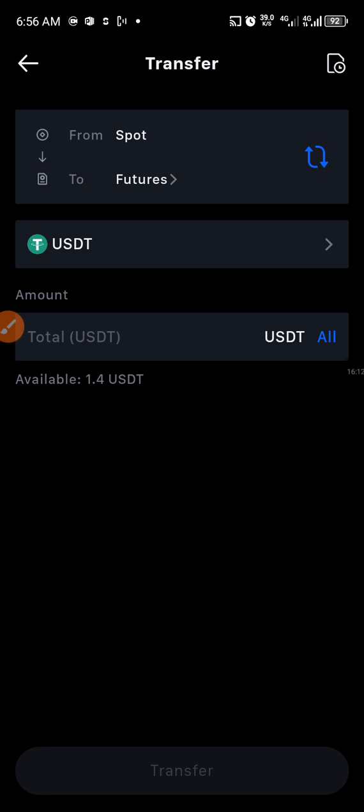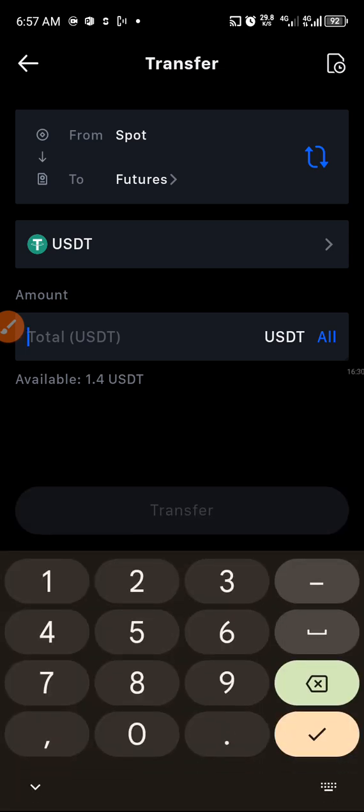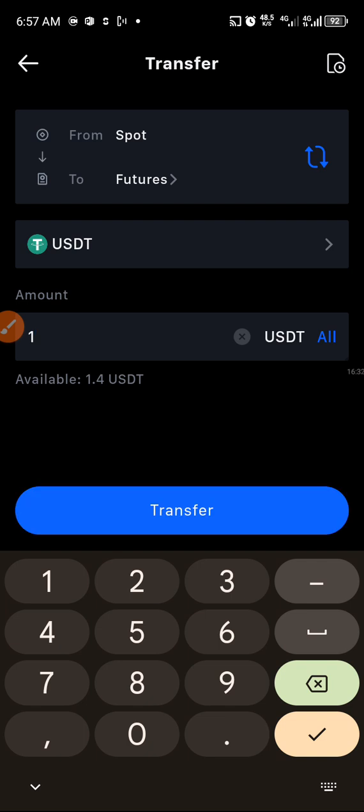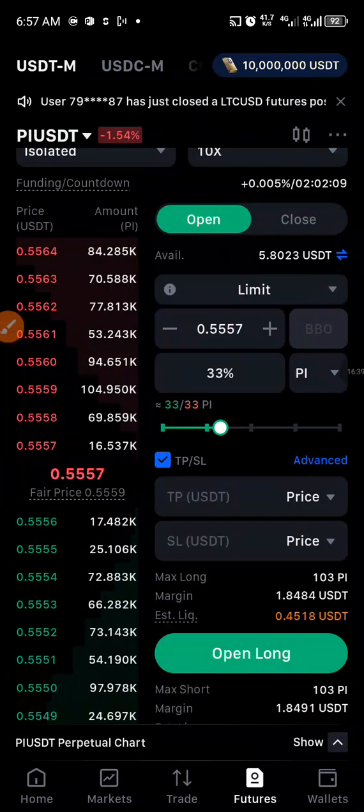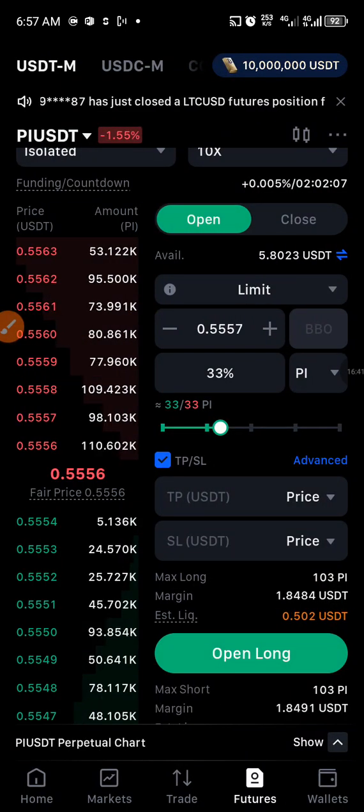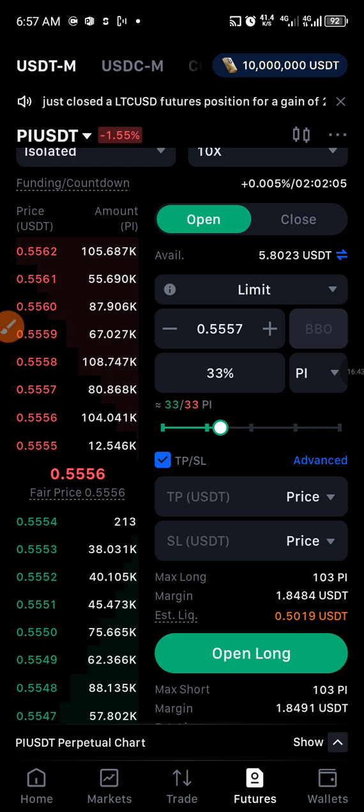The USDT that you have on your spot account, you will now transfer to futures, because it is the futures account that you want to use to trade. So I enter 1, then click on transfer. It will transfer from spot to futures, and once you click on transfer, it will be successful. That is where you get to have this available balance.